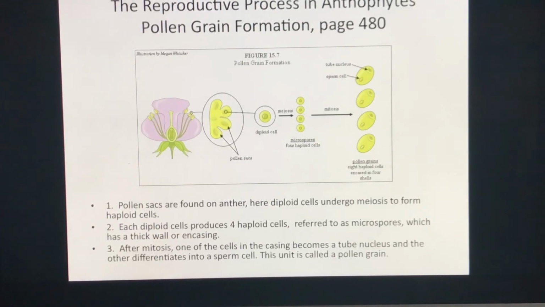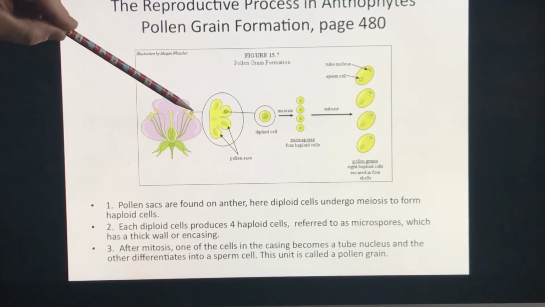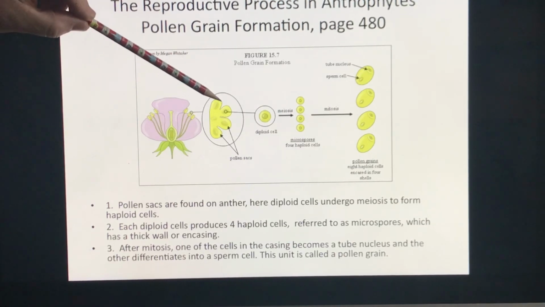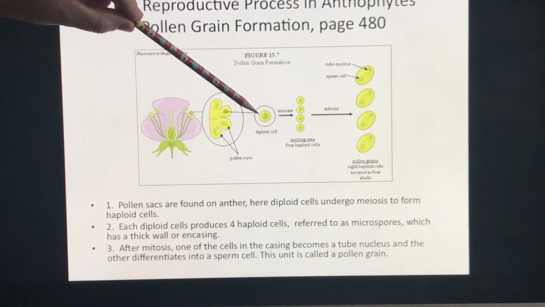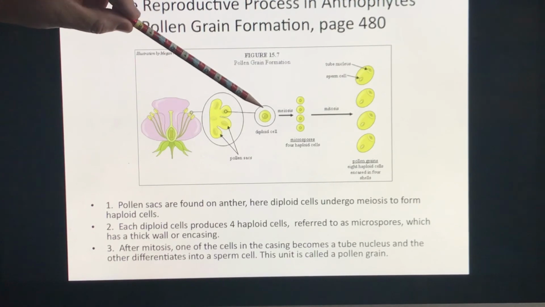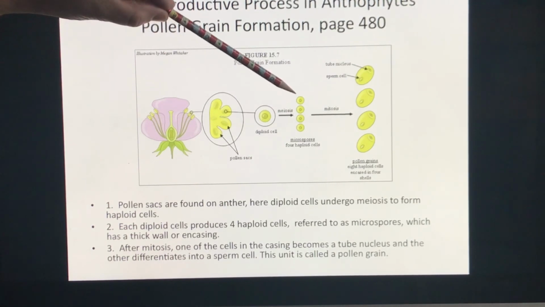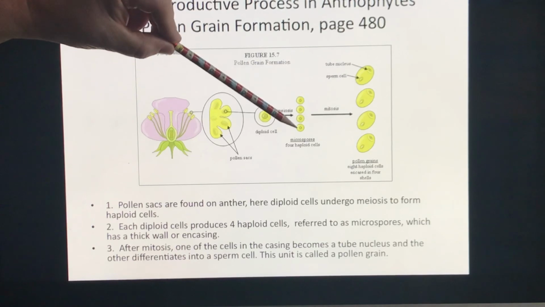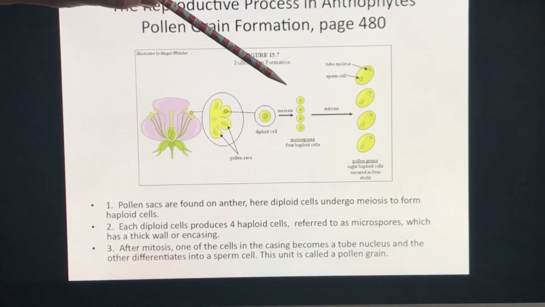So let's look at the reproductive process in anthophytes, and I'm looking at figure 15.7 on page 480. We are zeroing in here on the anther where you find these pollen sacs. Inside the pollen sac, you have what are called diploid cells, so that's a full complement of chromosomes, that then undergo meiosis, and the one diploid cell produces 4 haploid cells, which are called microspores.